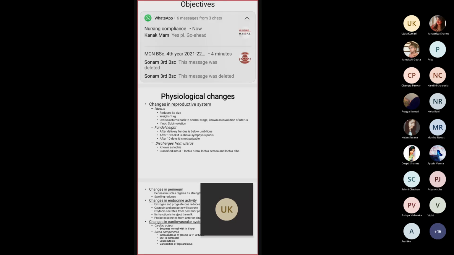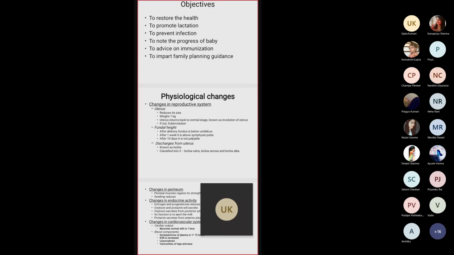When the uterus and the supporting structures come back to the normal pre-pregnancy status, weight, height or size, you will call it involution of uterus. If it is not coming back to the proper size, shape or weight as the non-pregnancy state, then it is known as sub-involution of uterus. Understood what is involution and sub-involution? In simple, involution means reverting back of the uterus to pre-pregnant status. If it is not reverting back to the pre-pregnancy status, it is known as sub-involution of the uterus.